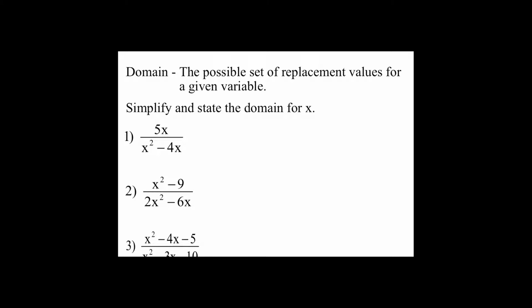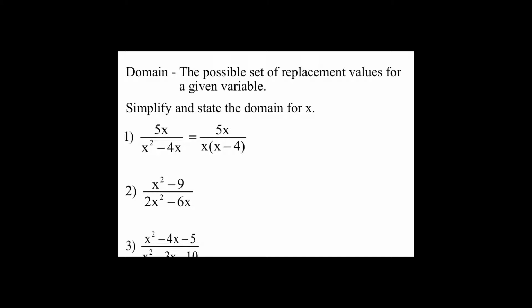So that means you are never allowed to have a 0 in the denominator. So what I need to do is first factor out. Once I factor out, I can see what makes up my denominator. And it's at this point that I actually state my domain.